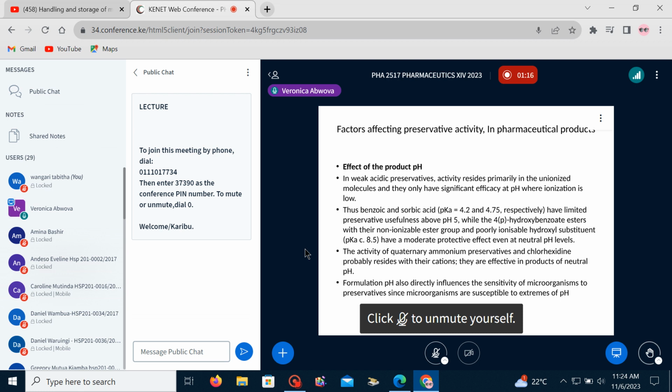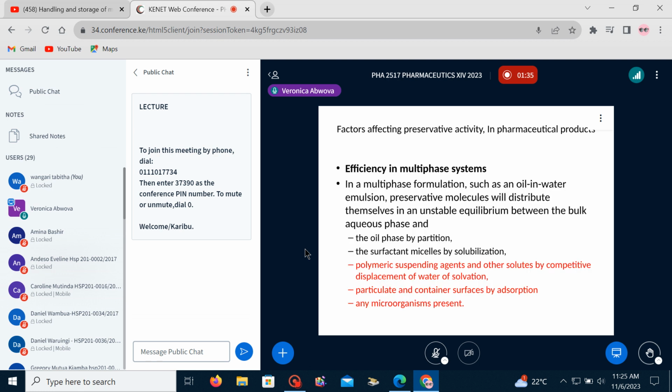We looked at the effect of pH. Remember we said it is only the undissociated preservative that is effective. So if you buffer your product at a pH where the preservative is dissociated, then it will not be effective. We looked at efficiency in multi-phase systems, okay?